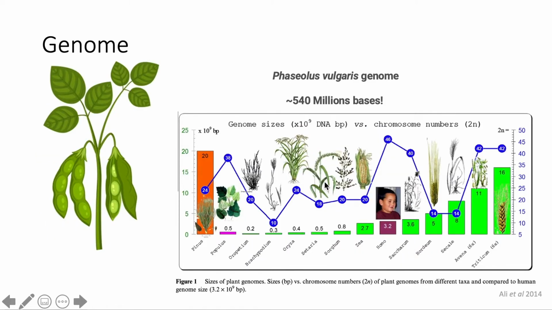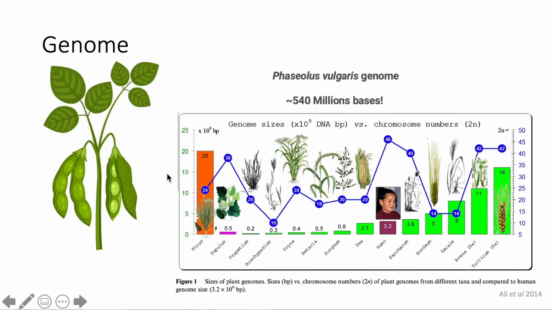If we compare the Phaseolus vulgaris genome with other species' genomes, we can see that it is between Setaria and sorghum, and Homo sapiens. The genome of Homo sapiens is about 6 times bigger than the common bean genome, and wheat has a really huge genome, several times bigger than the common bean genome.